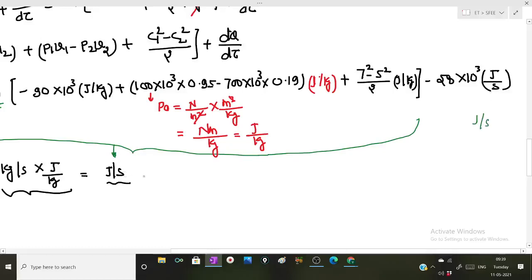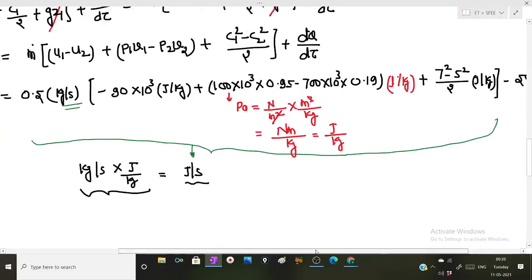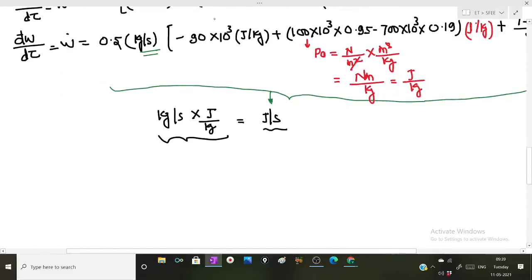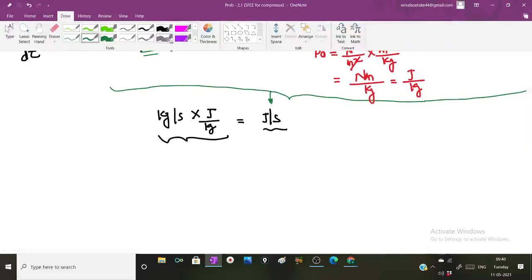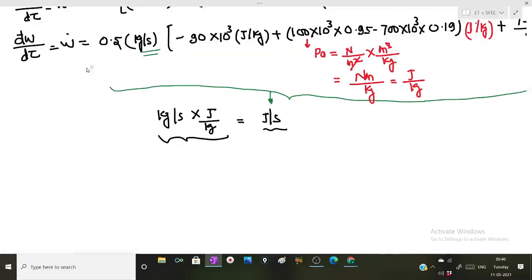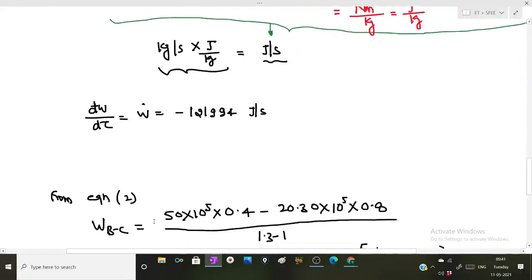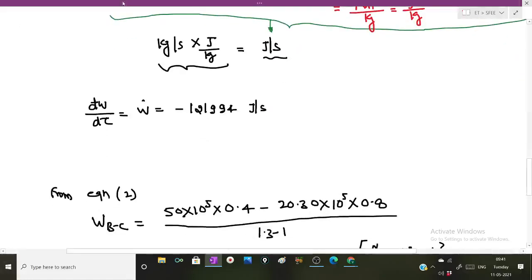So now the units are homogeneous, so we need not bother about any mistakes now. So now let us solve simply after balancing the units. Simply mathematics is remaining, so I can calculate this rate of work transfer dW by d tau, which is W dot. So the unit will automatically come out.